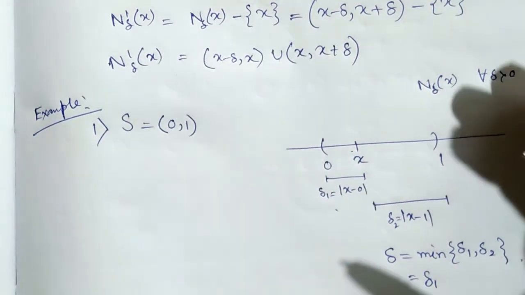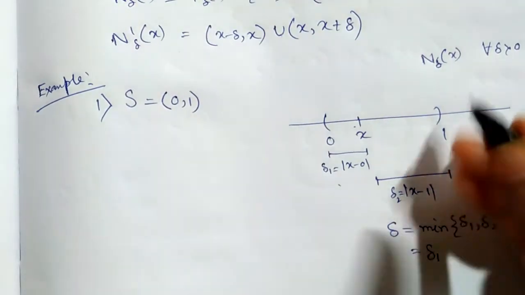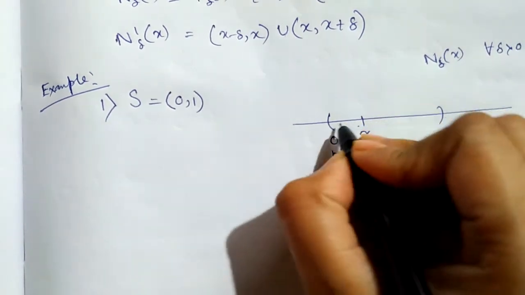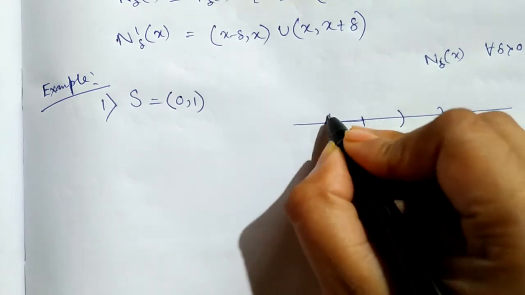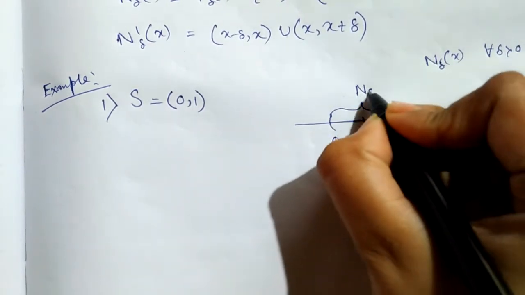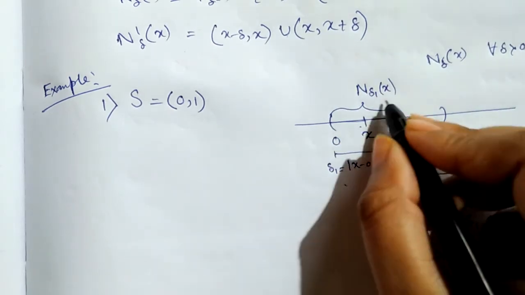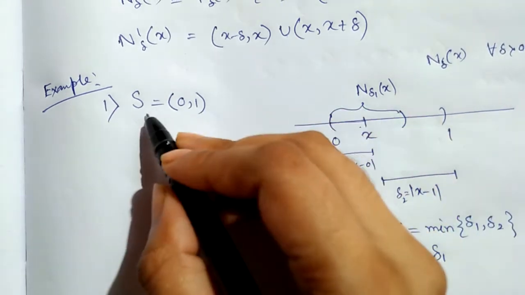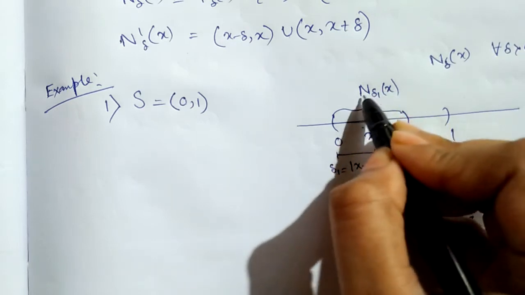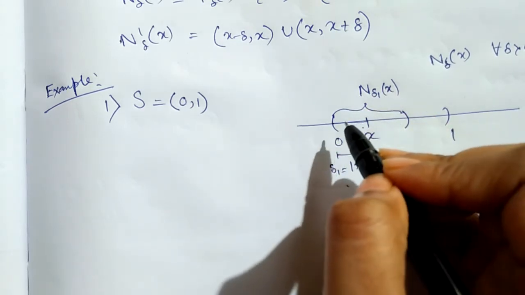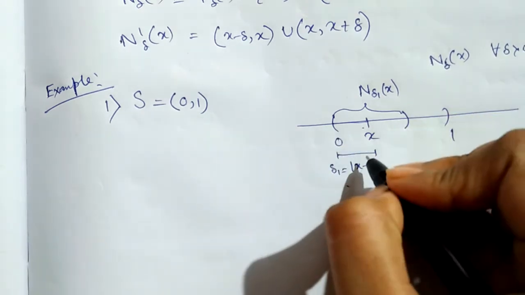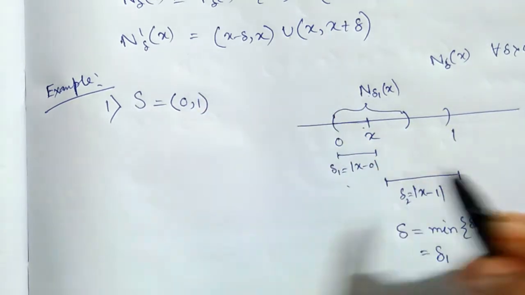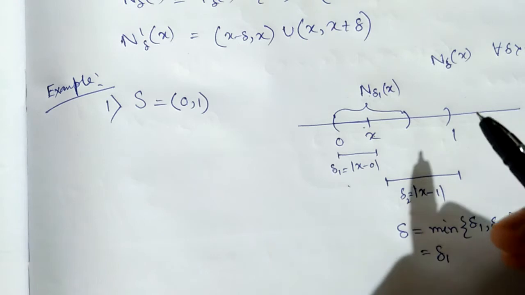Now we are checking this by taking different values of delta. Our first value of delta will be this minimum length. So this is our first delta 1 neighborhood of x. In this case, obviously this neighborhood entirely lies in S, and it contains a point of S other than x.